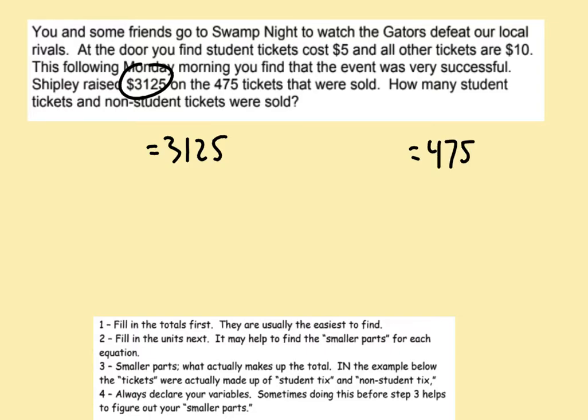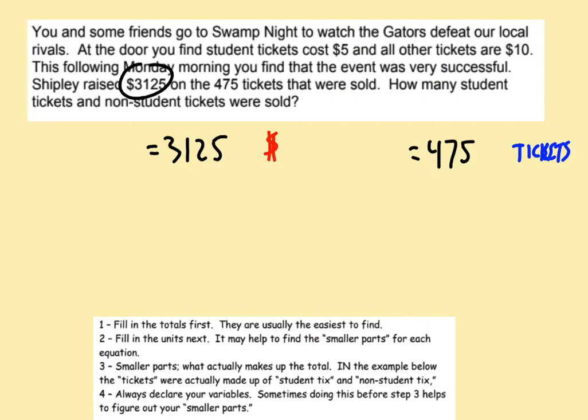Now I want to know what that 3125 is. And that's actually going to be dollars. That's important because every little part of that total has to be in dollars. And over here on the 475, that's actually tickets. And so everything I want in there is going to be going towards the total of tickets.